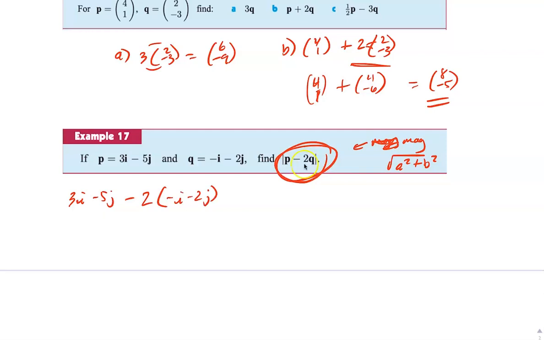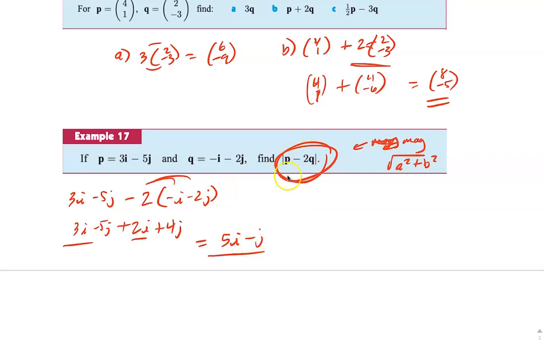If you notice, this is in unit vector form, with i's and j's. If you want, you can write it in component form, it's the exact same thing. I'll just do i's and j's for now because it's the way I was given. So you just distribute, plus 2i plus 4j. It's kind of easier to add vectors this way. You just add corresponding parts. So I get 5i, minus j. That's what happens when I add these two vectors.